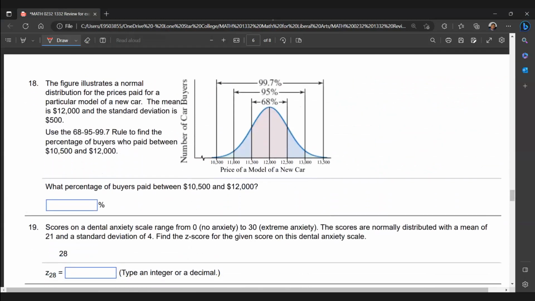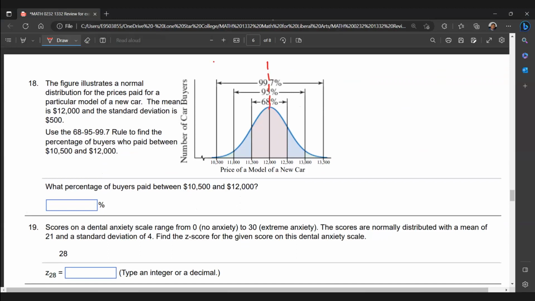The figure illustrates a normal distribution for the prices paid for a particular model of a new car. The mean is 12,000 and the standard deviation is 500. So here you see plus 1 standard deviation, plus 2 standard deviations, plus 3 standard deviations. What percentage of buyers paid between 10,050 and 12,000? Okay.